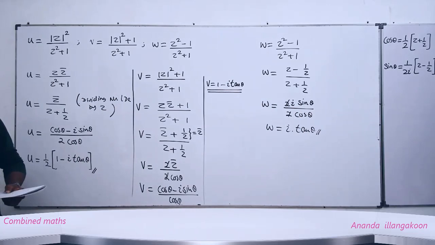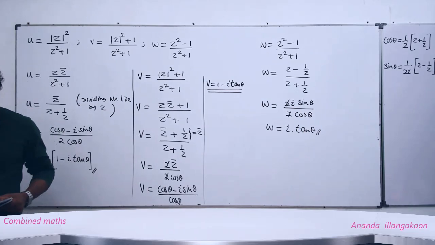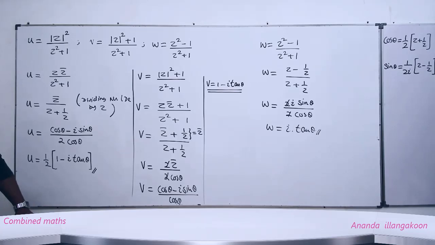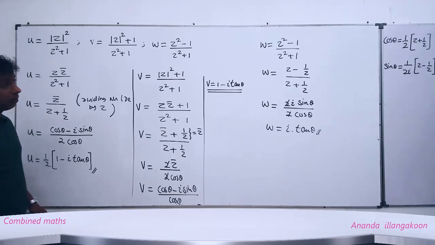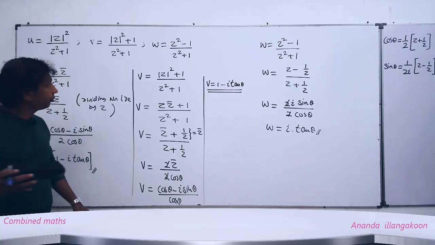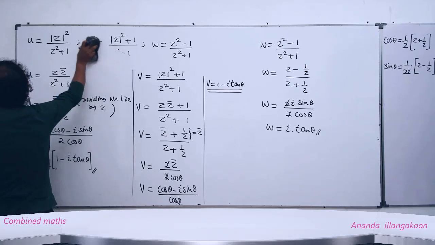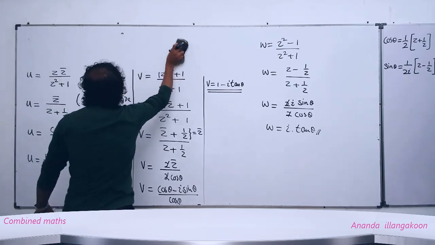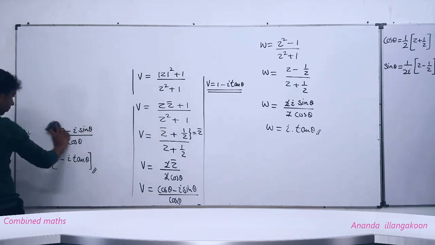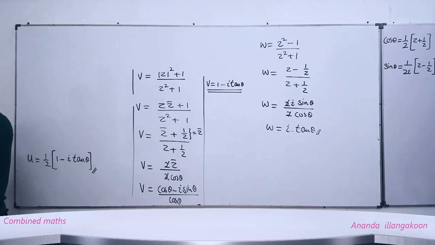Okay, now some questions asking, hence show that U + W equals half (2 minus V). U + W, right? Become that now. U + W. U is this, no?